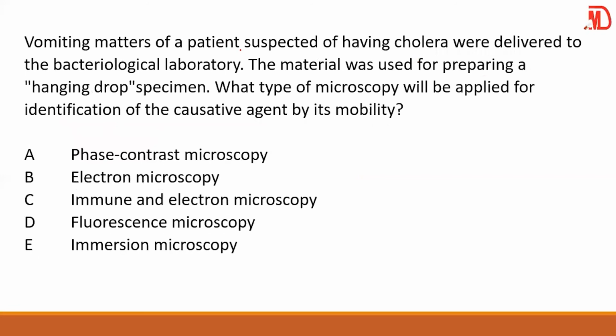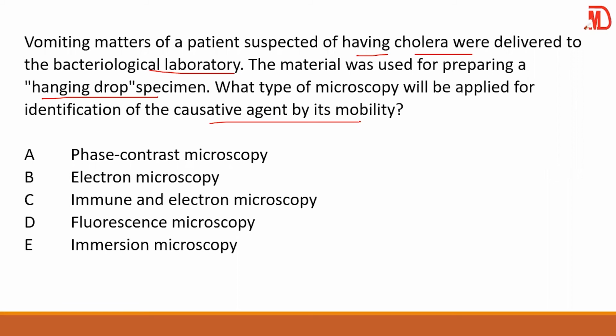Vomiting matter of a patient suspected of having cholera was delivered to the laboratory. The material was used for preparing a hanging drop specimen. What type of microscopy will be applied for indication of the causative agent by its motility?